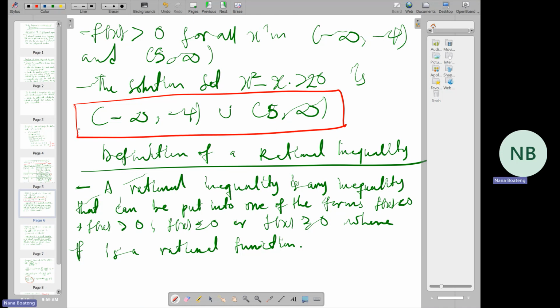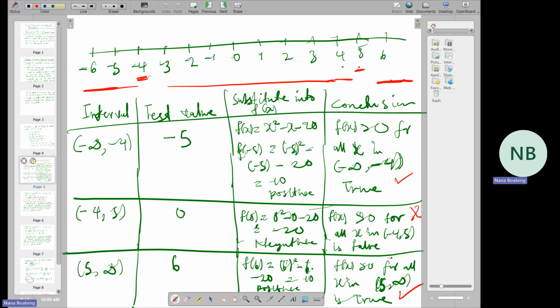Okay, so the solution is from negative infinity to -4, and the function is defined on this range. So on the number line, the function goes from -4 to positive infinity, and also from 5 to infinity.